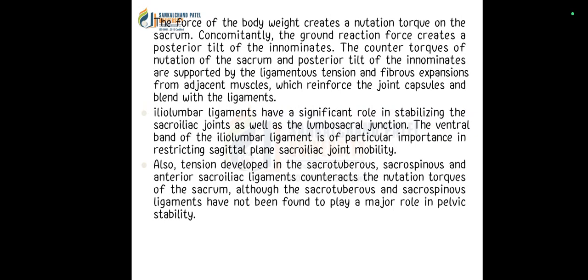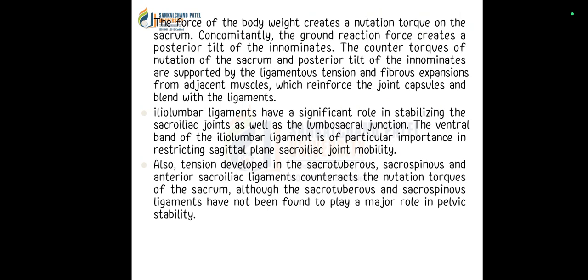Iliolumbar ligaments have a significant role in stabilizing the sacroiliac joints as well as the lumbosacral junction. The ventral band of the iliolumbar ligament is of particular importance in restricting sagittal plane sacroiliac joint mobility.